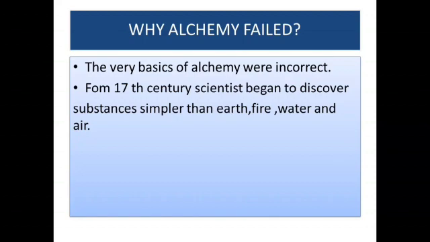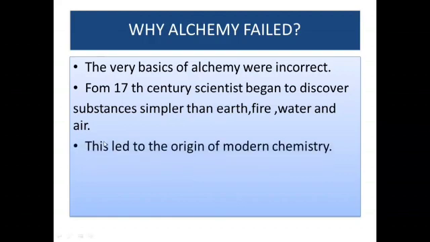From the 17th century onwards, scientists began to discover substances simpler than earth, fire, water, and air. And finally, the four element theory was disapproved, which led to the origin of modern chemistry.